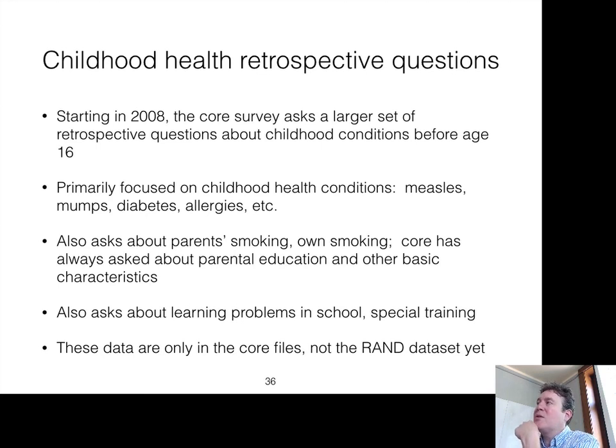Prior to that, there are some limited questions on childhood health and conditions. But if you want to measure sort of everything, unfortunately you're stuck with the people who were alive and responding in 2008 and later. So this gives you this amazing look into things: measles, mumps, diabetes, allergies is a great one. It's not specific, but at least it asks about allergies, which is kind of cool.